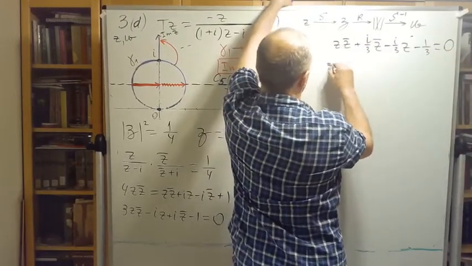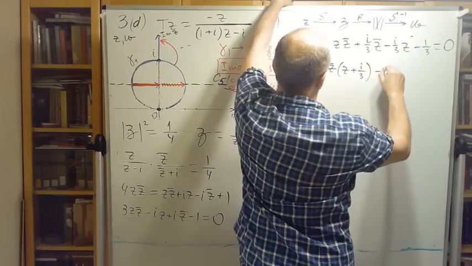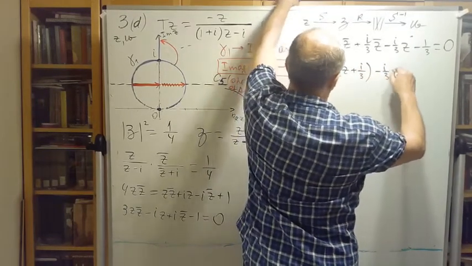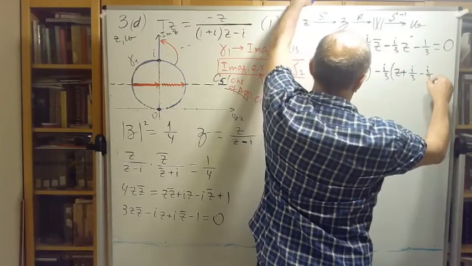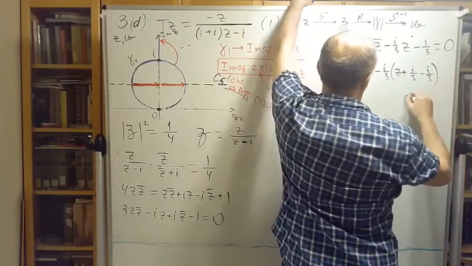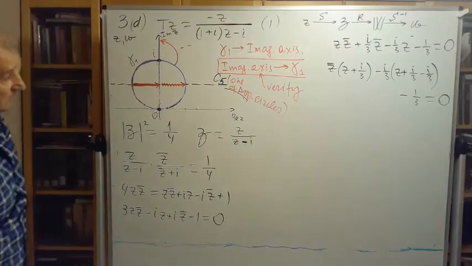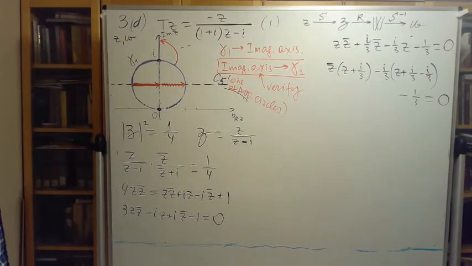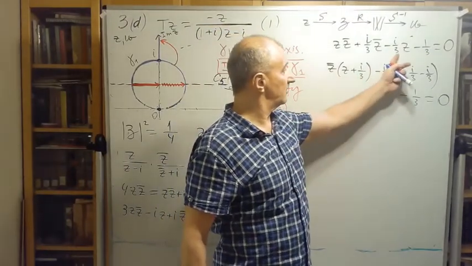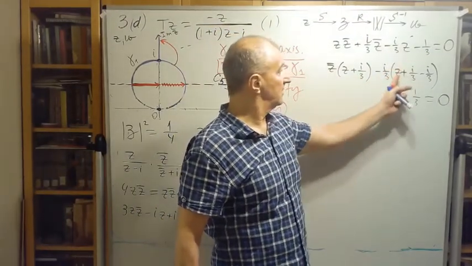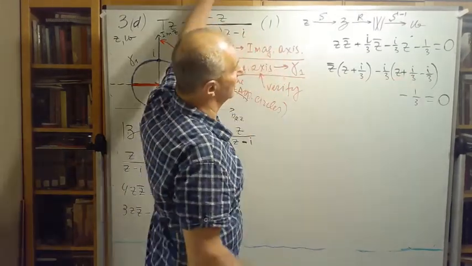Factor out z conjugate: z conjugate times z plus I over 3, minus I over 3 z plus I over 3, minus I over 3, and minus 1/3 is equal to 0. It's our regular trick of completing the square, right? We factor out z conjugate, we have here I over 3, negative I over 3 z, so we did it like here, z plus I over 3, and to be honest, write I over 3.